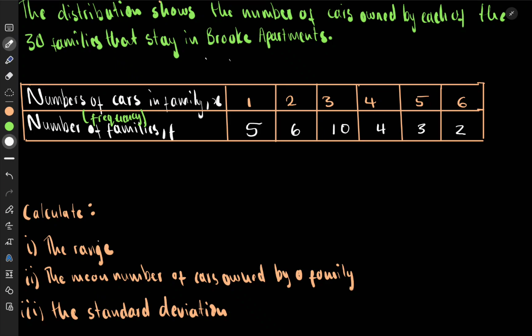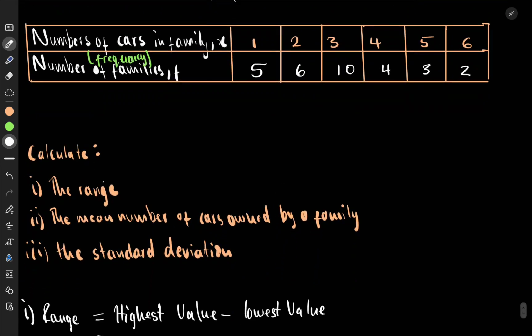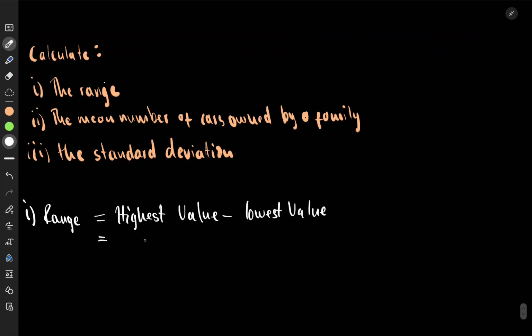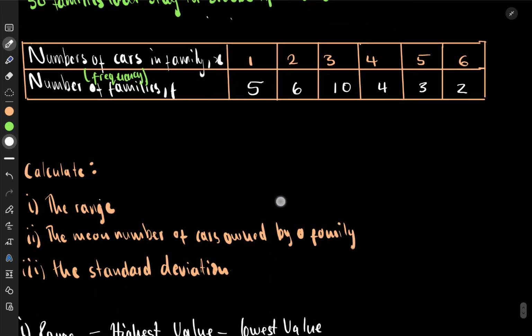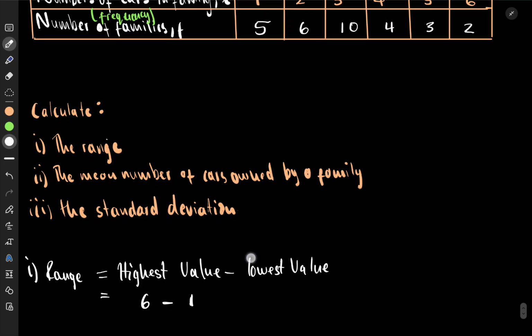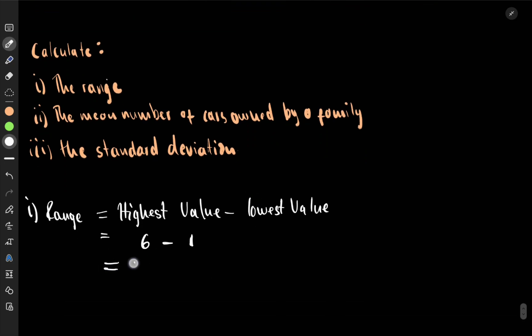No, we don't look at the frequency. Frequency is not our data. Our data is the one on top, the number of cars. So what is the highest number of cars? That is 6 cars. So it'll be 6 minus, what's the smallest number of cars that the people are owning at this apartment? 1. Okay, so nobody has no car, at least 1. 6 minus 1 becomes 5. So our range is 5.